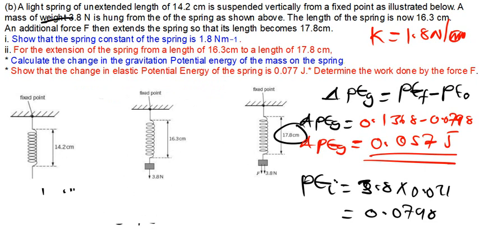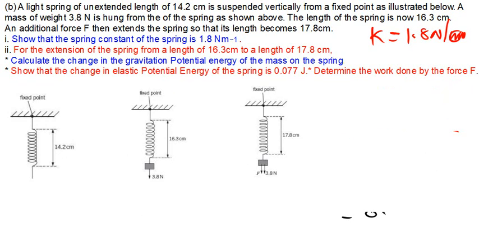The last part is saying show that the change in elastic potential energy of the spring is 0.077 joules. One thing we need to know is that the elastic potential energy is given by half kx squared. Now our k should be in Newton per meter. So let's find our k in Newton per meter.